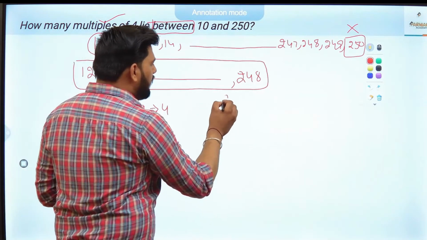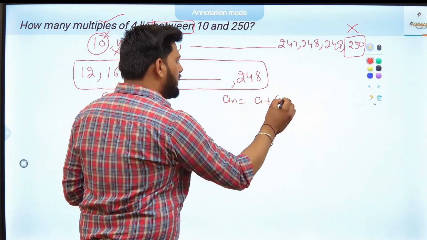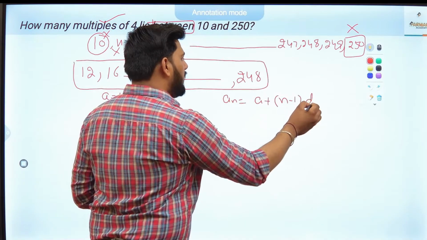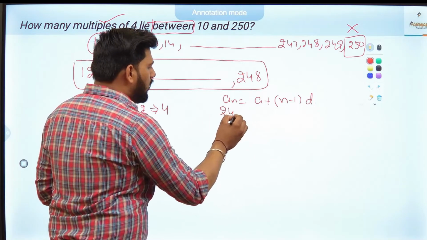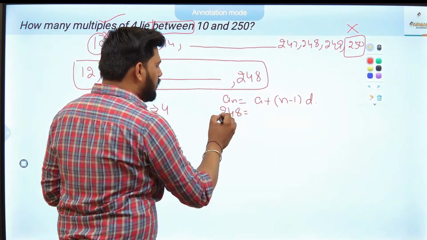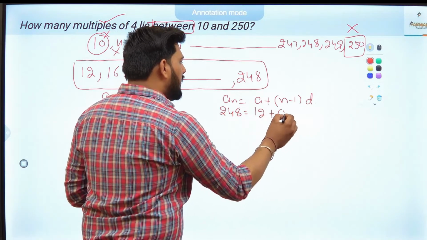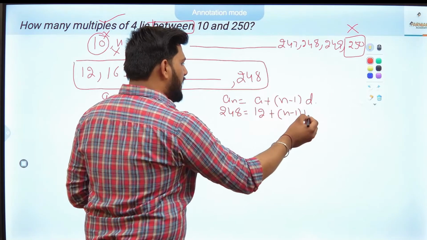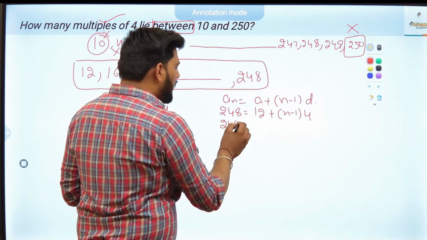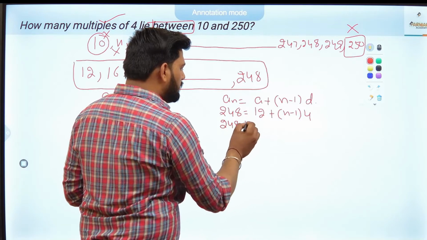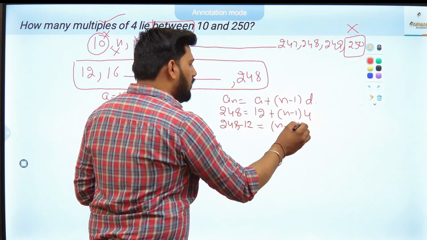Now again we will use the basic formula. An is equal to a plus n minus 1 times the difference. So put the values. 248 is equal to a, that is 12, plus n minus 1 times the difference, that is 4. Now 12 gets subtracted, 248 minus 12, that is n minus 1 times 4.